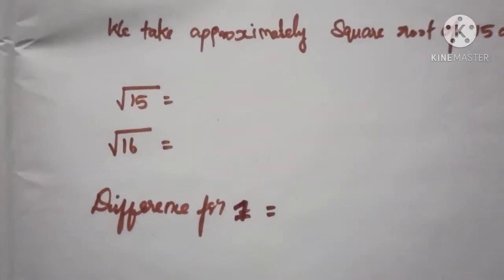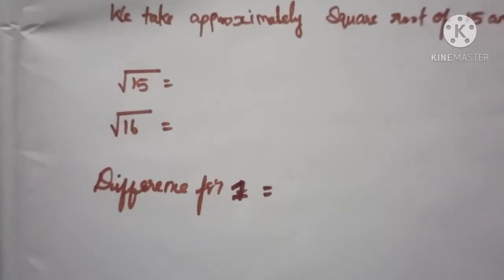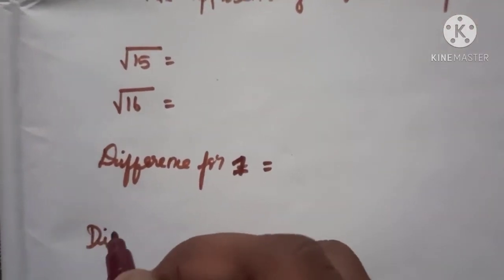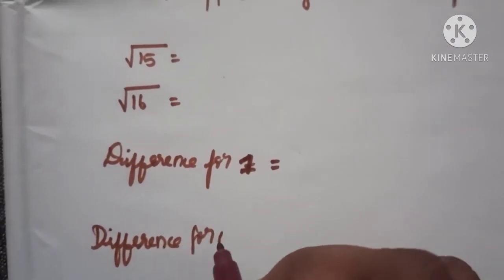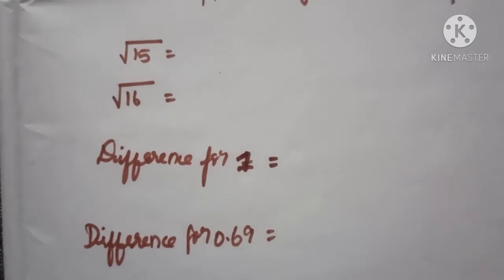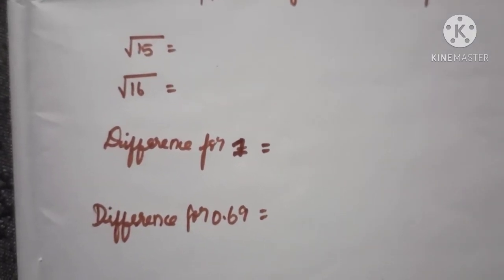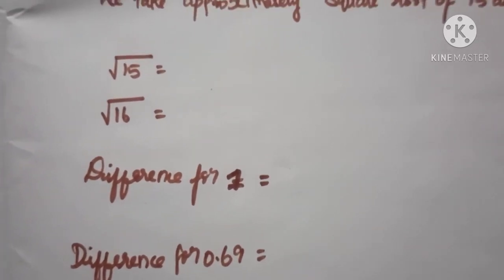You need to find the value by subtracting these two values. And next you need to find the original difference, the difference for 0.69.